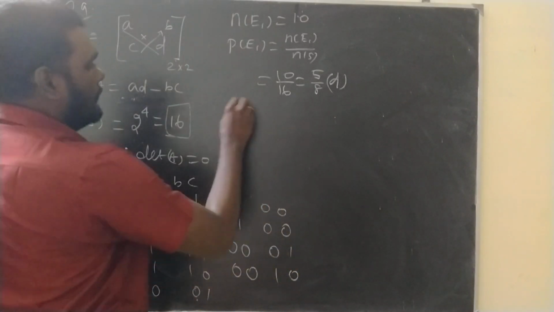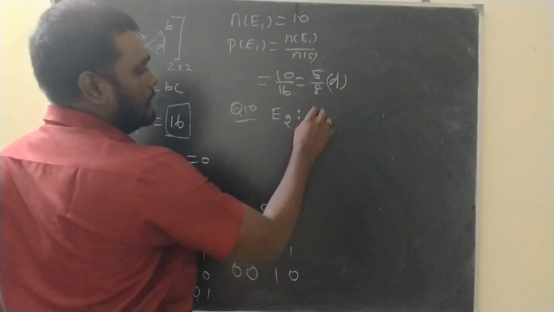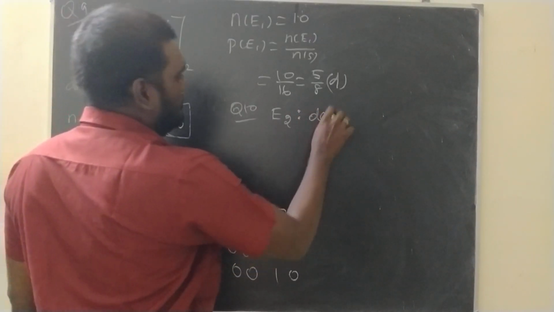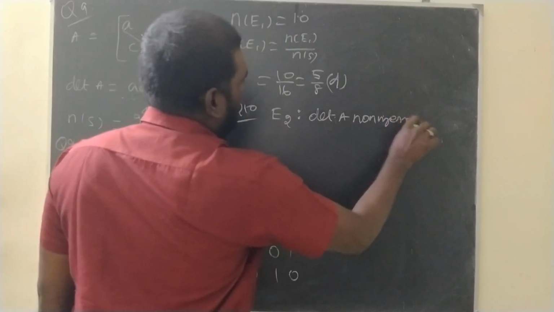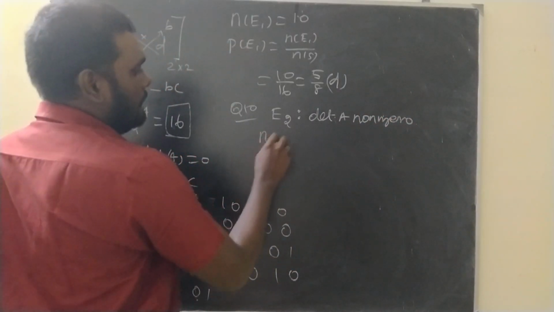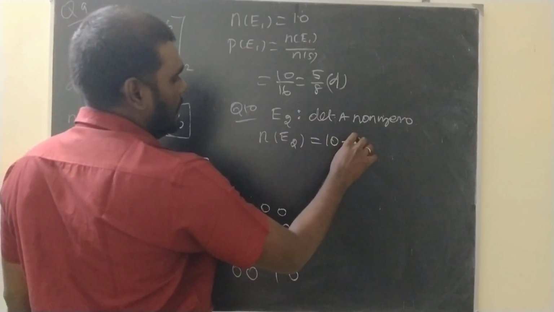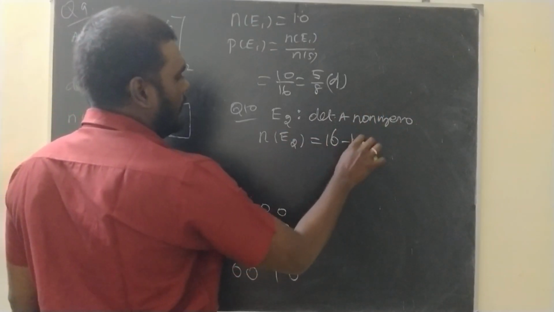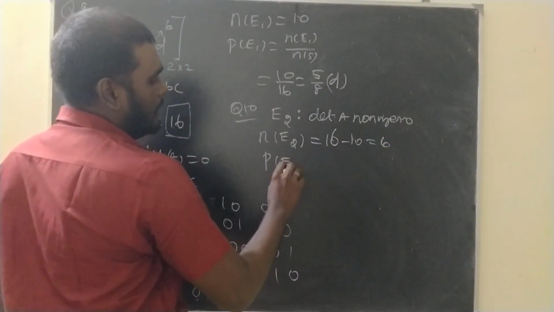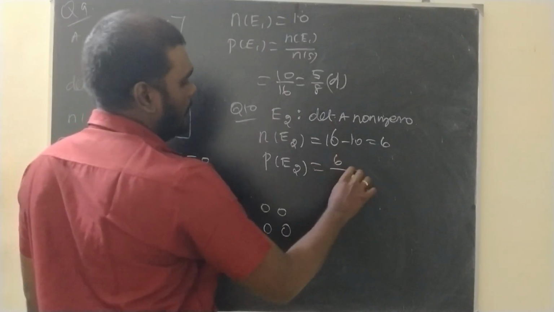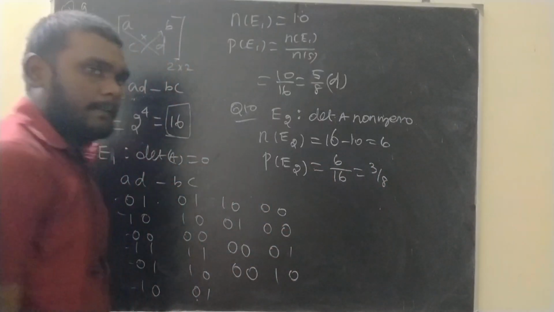So question number 10, I am naming the event as E2: determinant is non-zero. So we have n of E2 as 16 minus 10, that is 6, and P of E2 as 6 by 16. We have the answer 3 by 8.